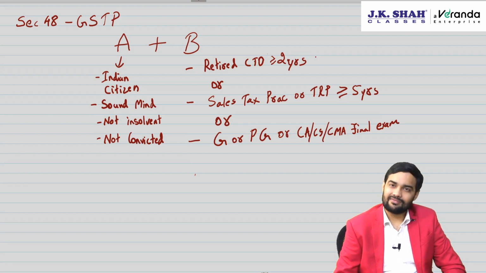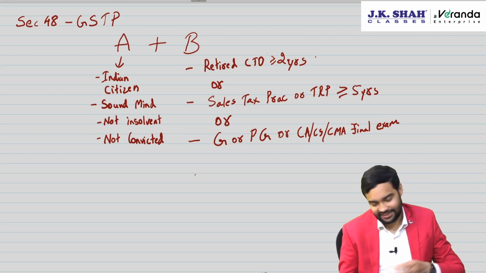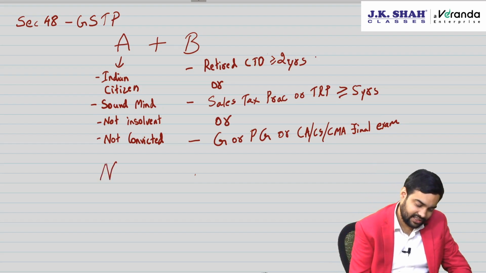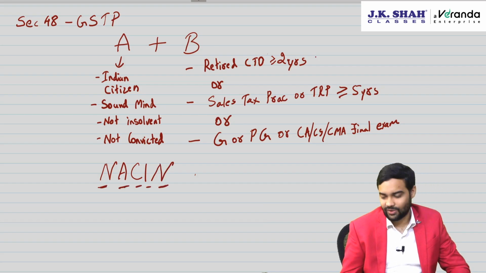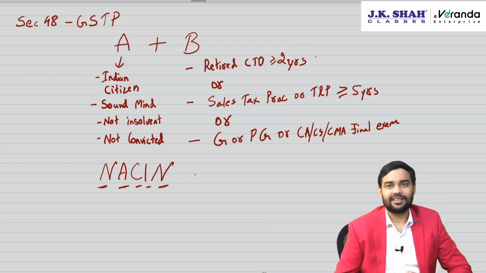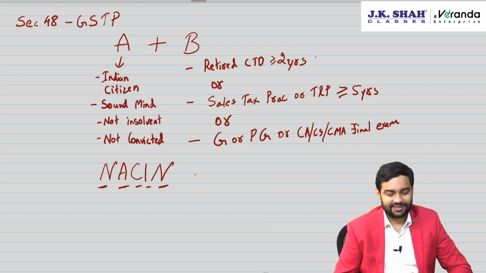Then, can you surrender the license? Yes. And lastly, you have to pass an exam which is conducted by NACIN, National Academy for Customs, Indirect Tax and Narcotics. Once that is done, the person becomes a GST practitioner.